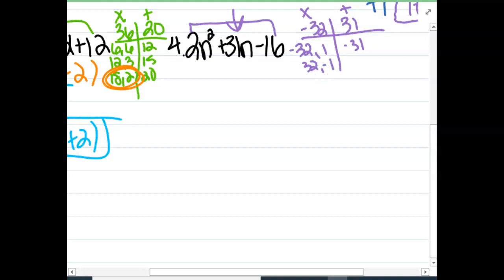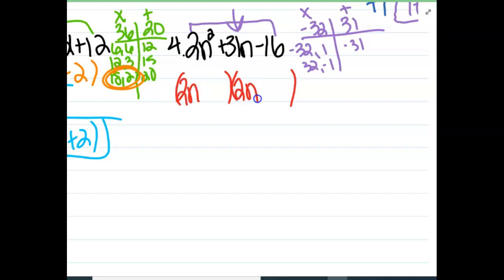So it has to be 32 and negative 1. Okay, you're going to go ahead and set up your factors. Now, this isn't your final answer, because remember, whatever I FOIL out, I need a 2n squared. N times n is never going to give me 2n squared, so we're going to start with 2n and 2n. And then we're going to take these numbers, plus 32 minus 1.